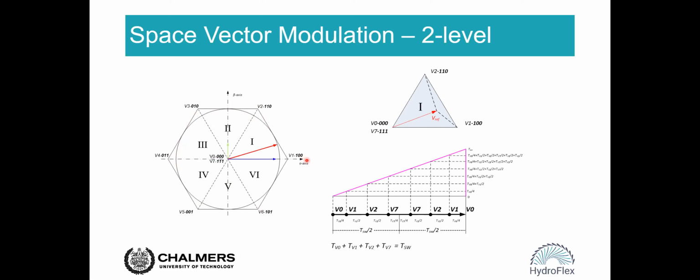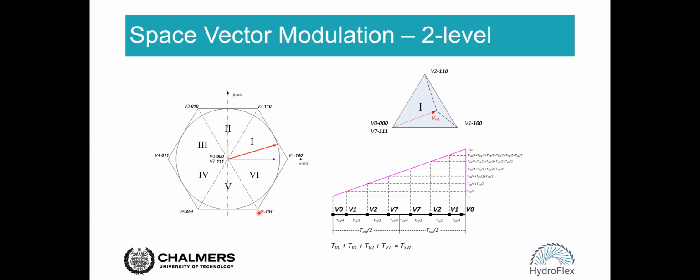Then we can see the 3-phase voltages convert to 2-phase voltages, and then in the alpha beta plane, it is rotating on the inscribed circle of this hexagon.